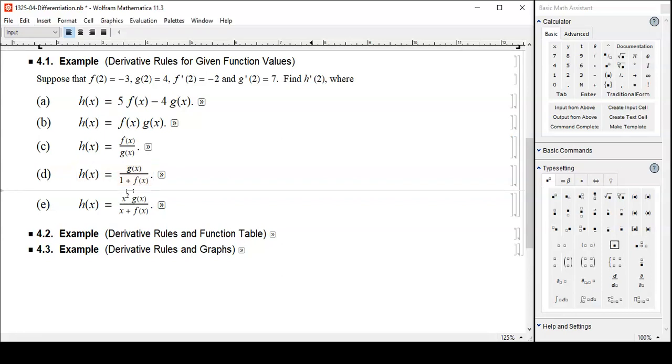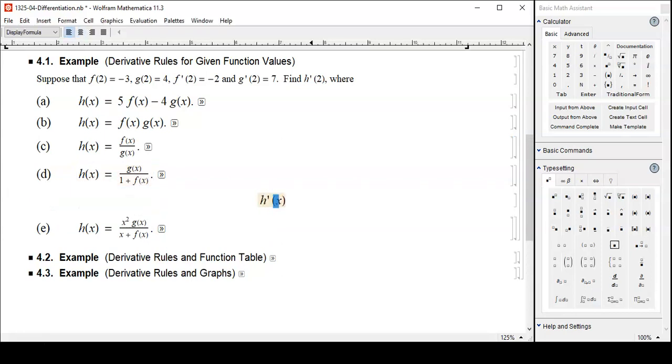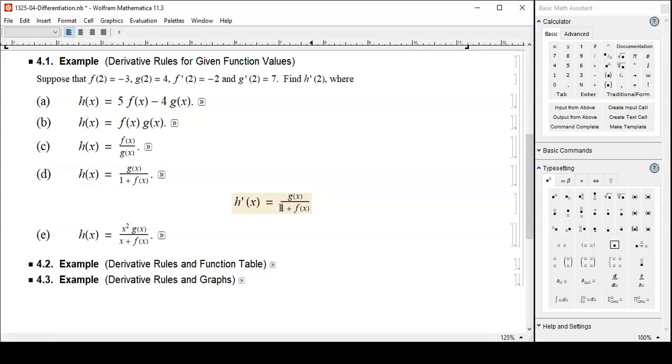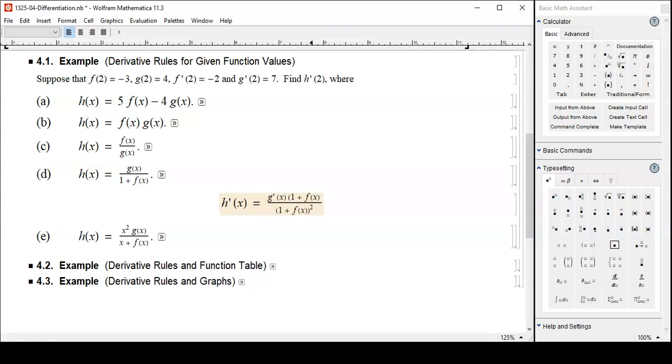This too is a quotient rule, but this will require something different. So denominator squared, and then here u prime is this g prime, and then v is 1 plus f of x minus u, and then v prime, derivative of the denominator.